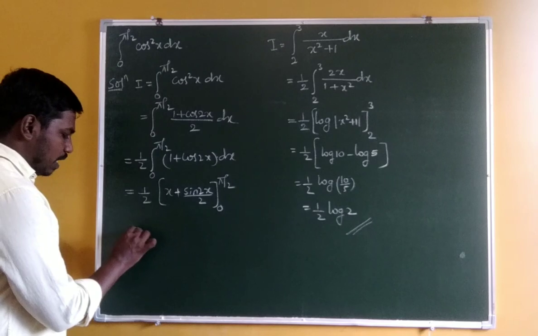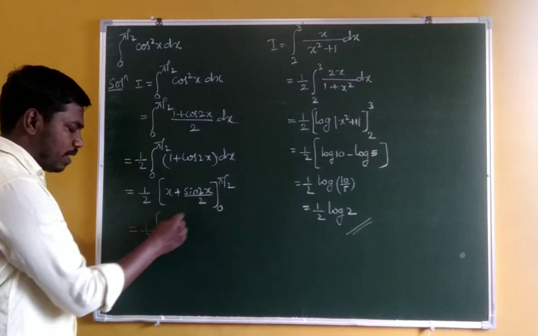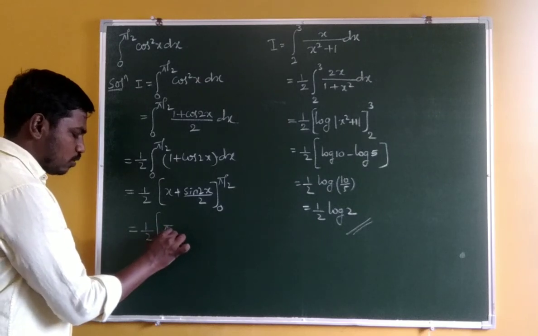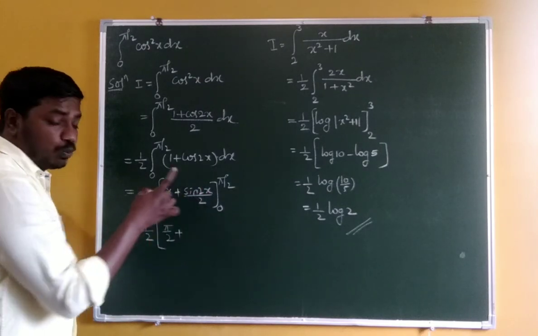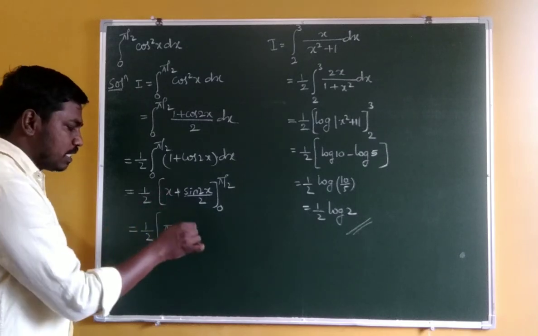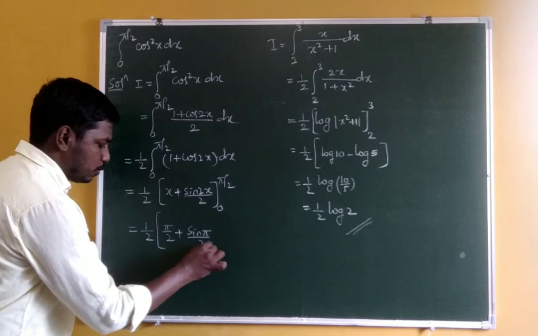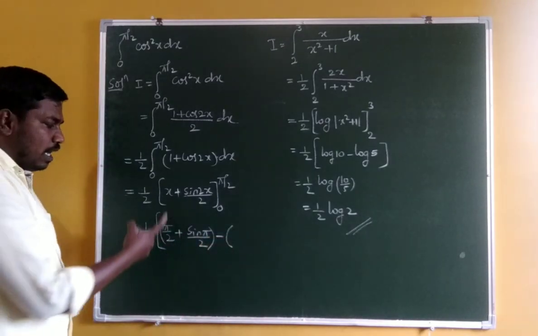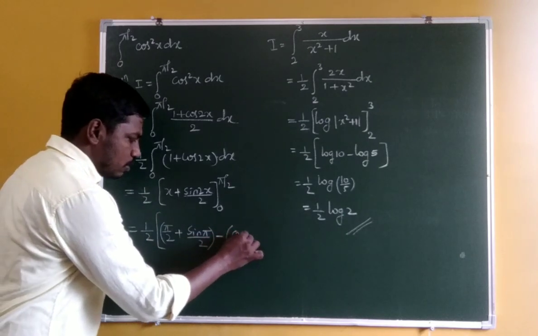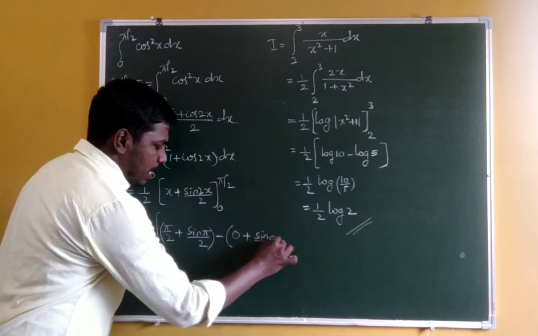First apply the upper limit: x is equal to pi by 2, and 2 into pi by 2 is pi, so sin pi by 2, minus the lower limit at x is equal to 0, sin 0 by 2.